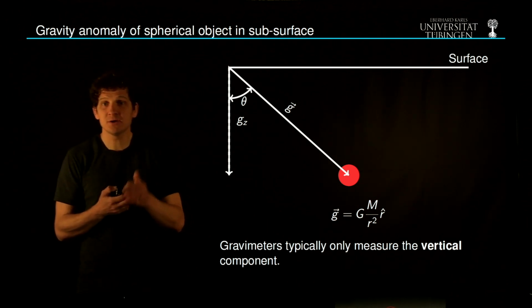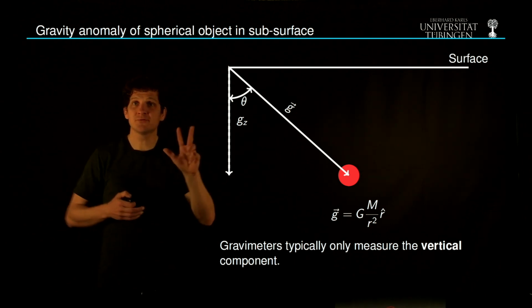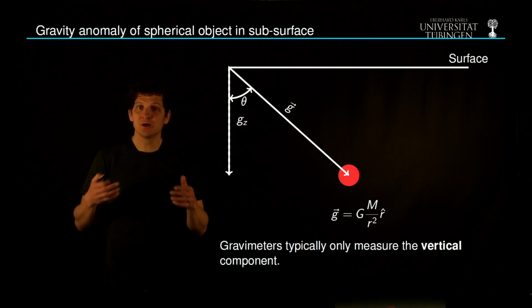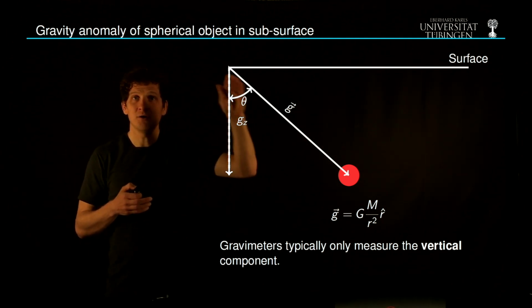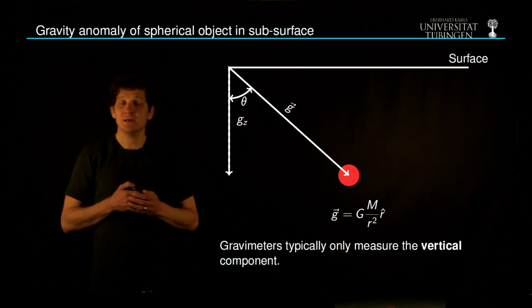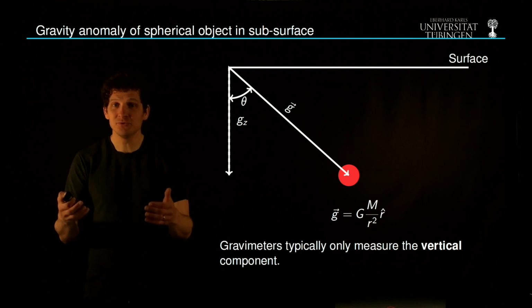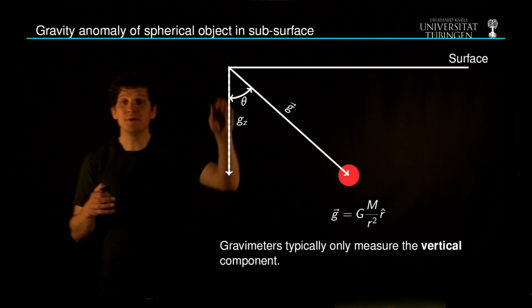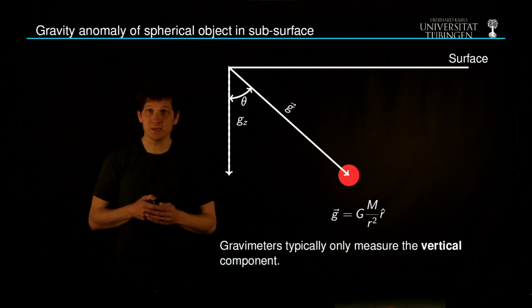Remember, we only consider the trajectory of our test mass along one of the three possible axes, and correspondingly, we only detect the vertical projection of this vector g. For determining the mean density of the Earth, this wasn't really an issue, but here it matters because of the acquisition geometry relative to our target.